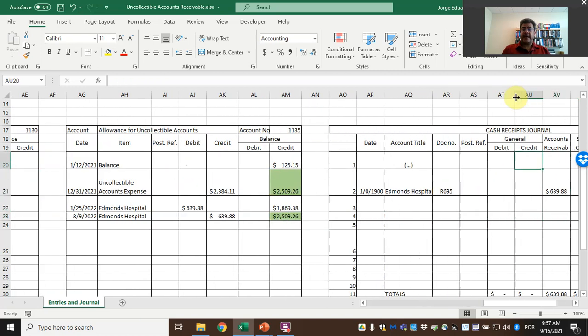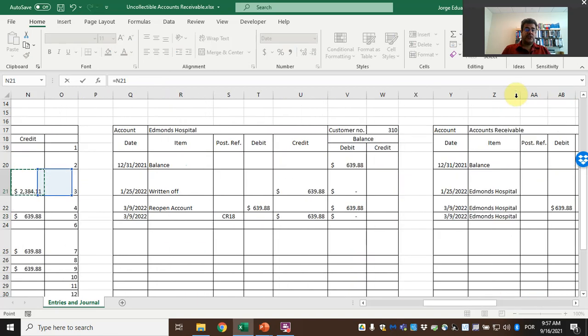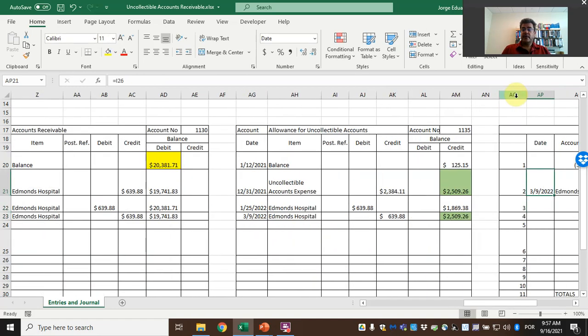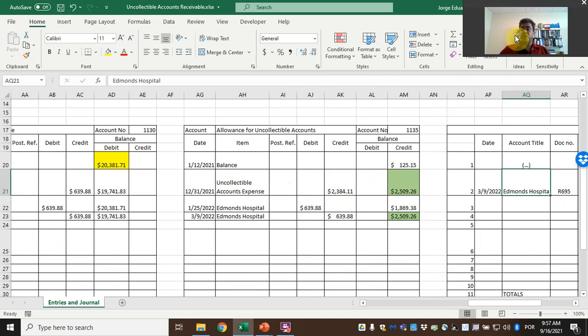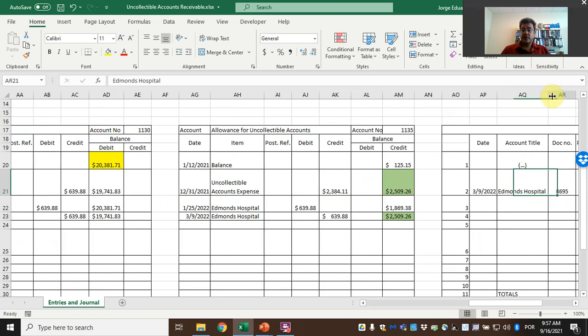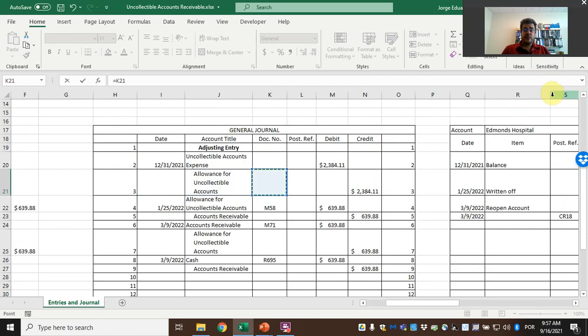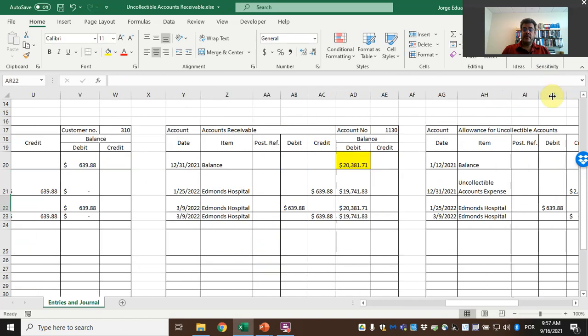And our cash: March 9th, cash, Edmonds Hospital, Receipt 695.